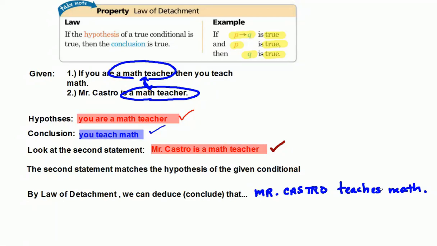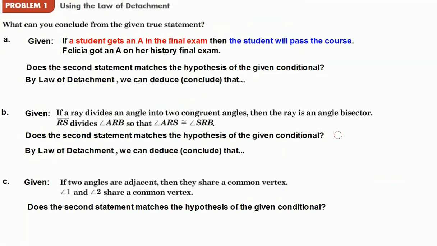Let's start with problem number 1 so you can see law of detachment once again. For problem 1, we're going to be using the law of detachment. What can you conclude from the given true statements? Each of these statements given for example A, B, and C are true. The conditionals are true.